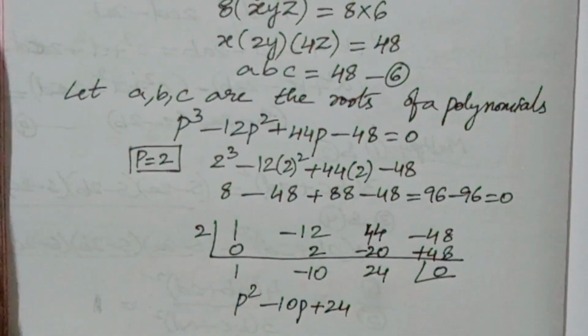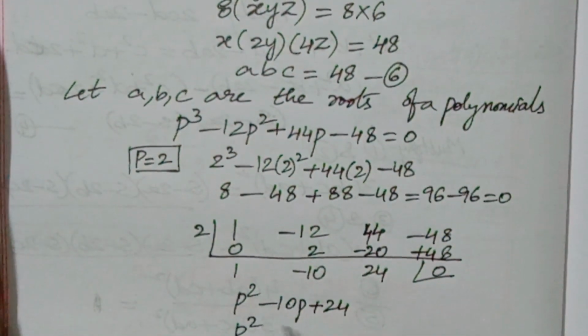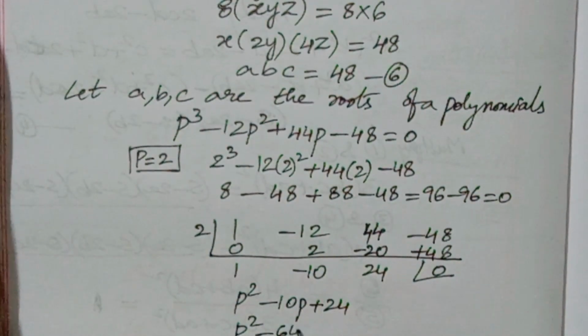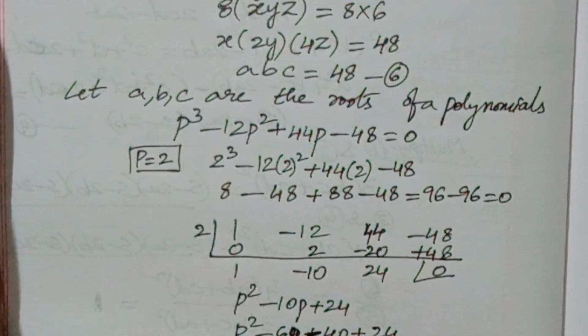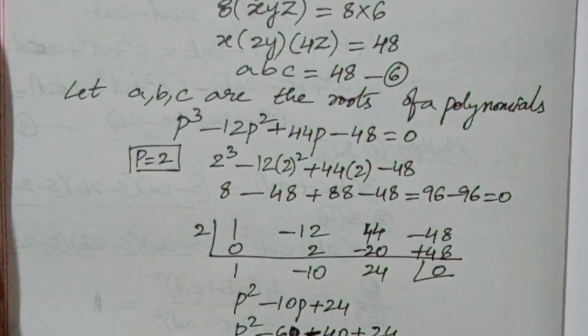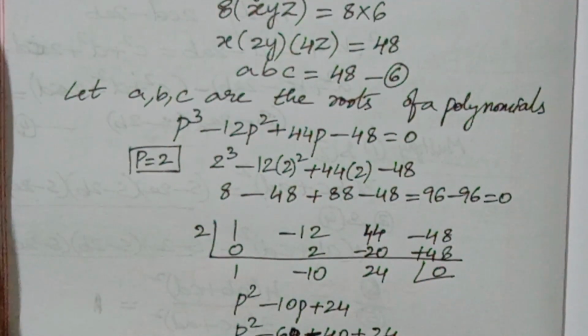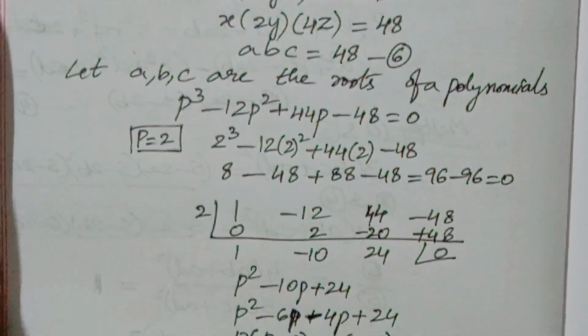Now the factors of this: p squared minus 6p minus 4p plus 24, p into p minus 6 minus 4 into p minus 6, which is p minus 6 into p minus 4.